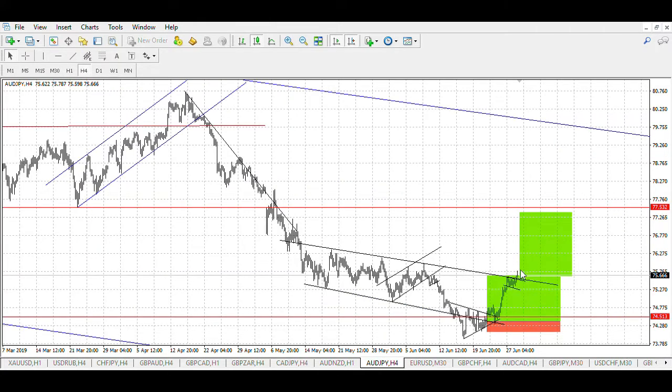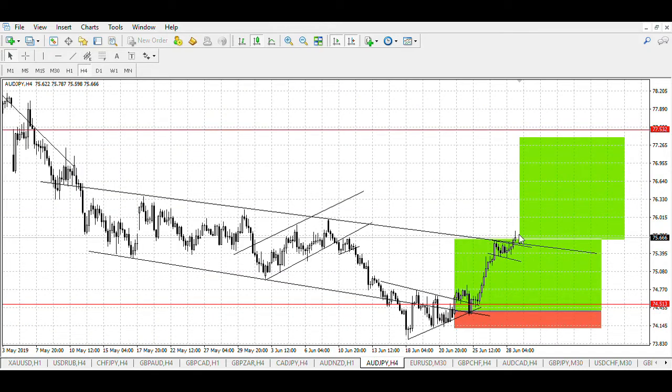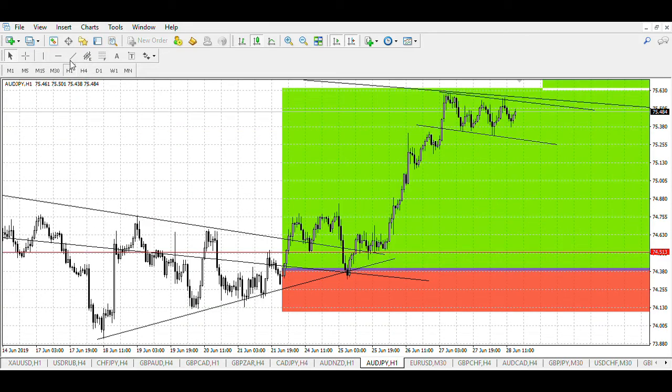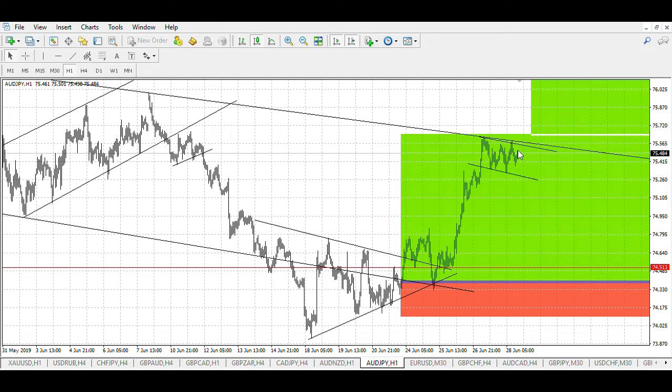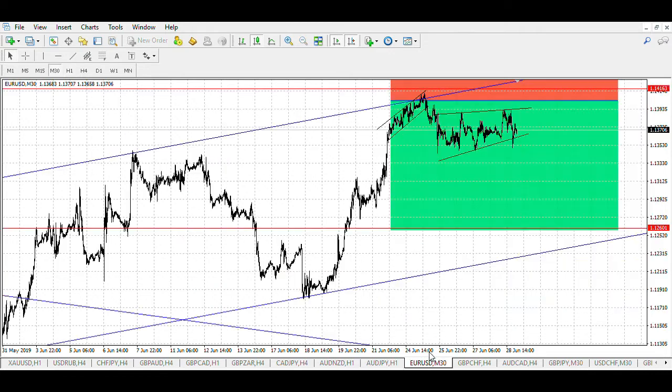This consolidation, this market structure, high probability episode 2, then price managed to break above this area, and now we're just waiting for continuation. Unfortunately I don't have connection, so it's not updating. So we're just expecting price to continue moving to the upside in this pair.